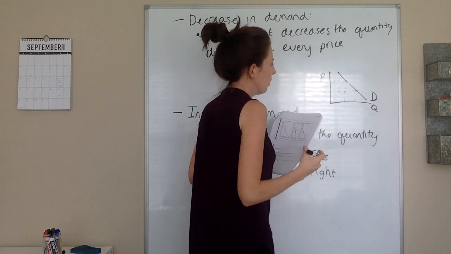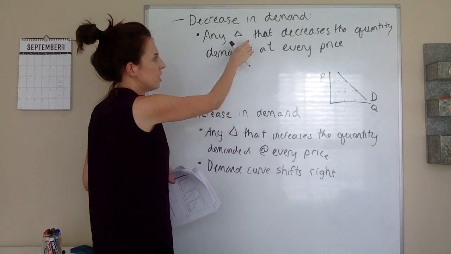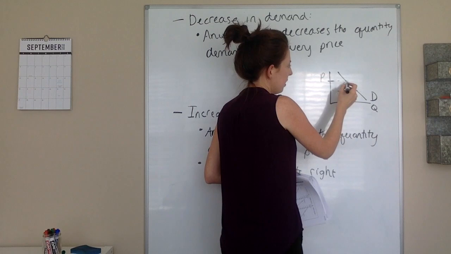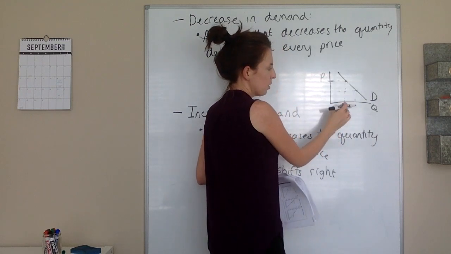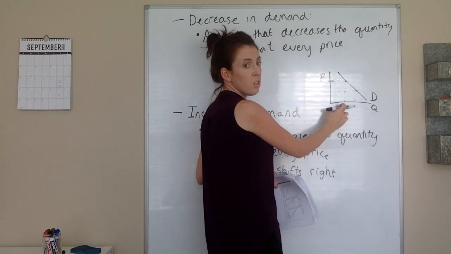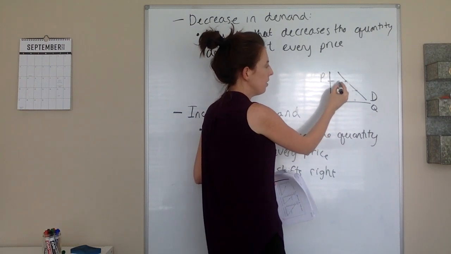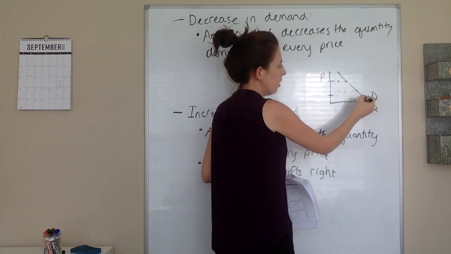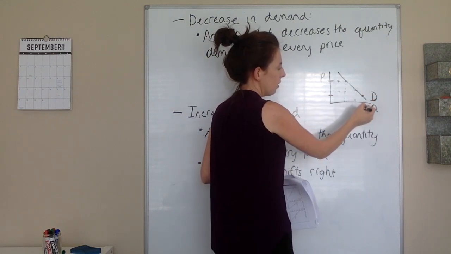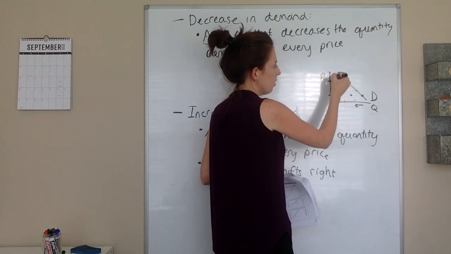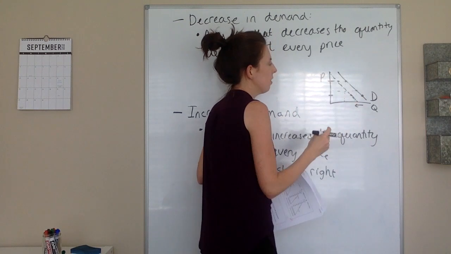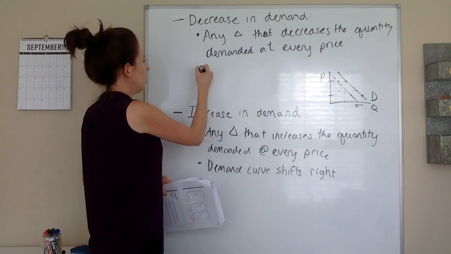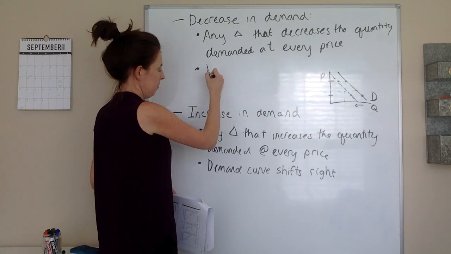If you think about how this would work, if the price is here, then originally this many units were demanded, but now there's a decrease in the quantity demanded, so it would have to be somewhere over here. And this is true for every price. If the price is here, originally this was the quantity demanded, but now there's fewer, so maybe it's here. So this would be consistent with a leftward shift in the demand curve. So the demand curve shifts left.